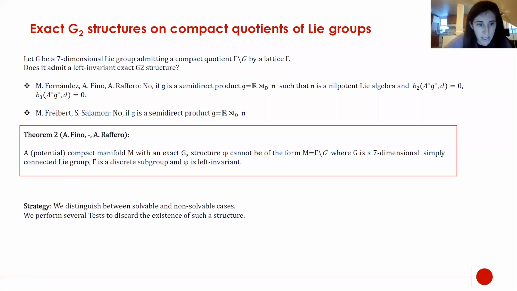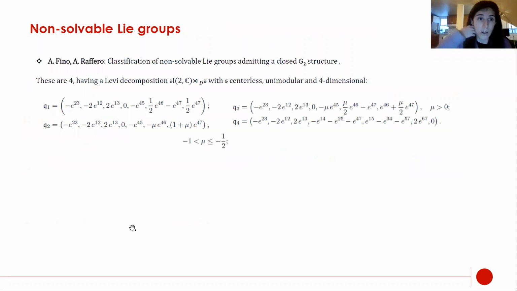And the strategy is to distinguish between solvable and non-solvable cases. And on this, we are going to perform several tests to discard the existence of such a structure. In the non-solvable case, Fino and Raffero did a classification of non-solvable Lie groups admitting a left invariant closed G2 structure.